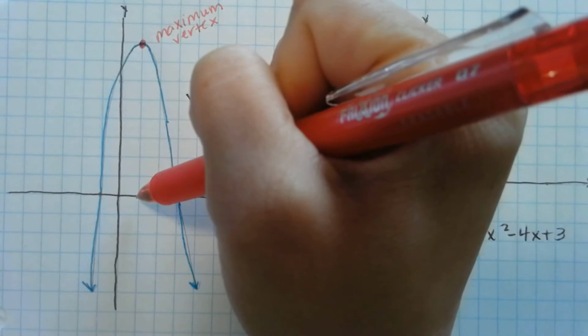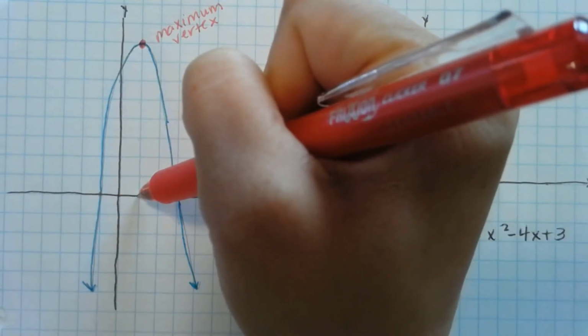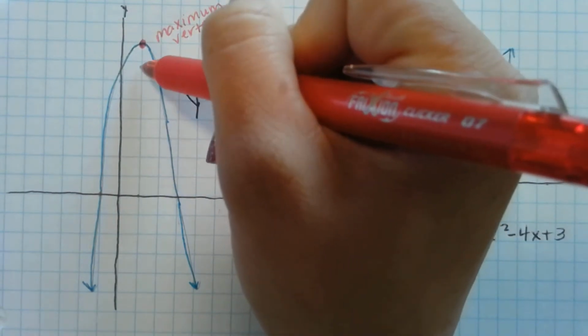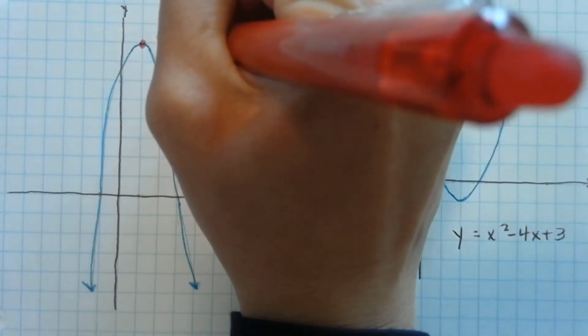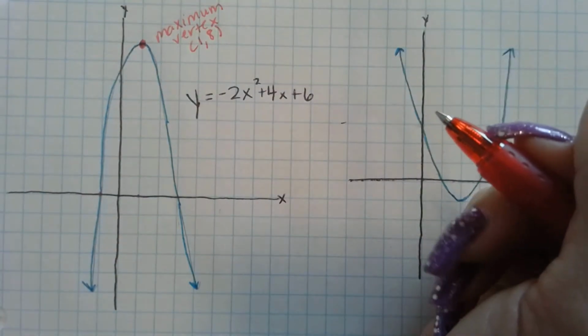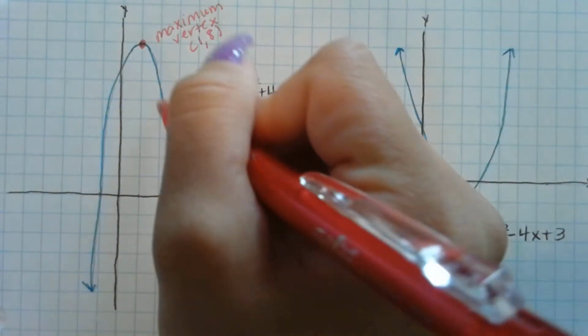When looking at this one, our point is going to be 1, 2, 3, 4, 5, 6, 7, 8. So 1, 8. Now, this is the highest point, right?